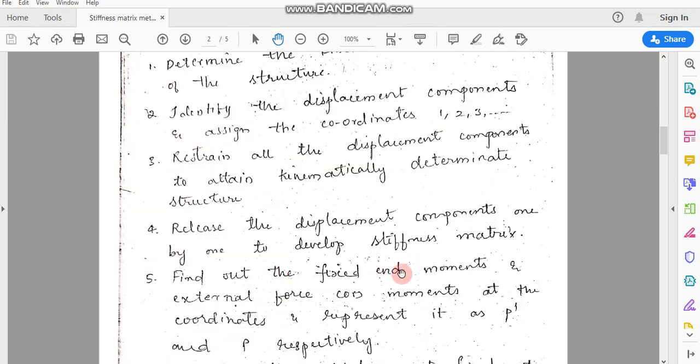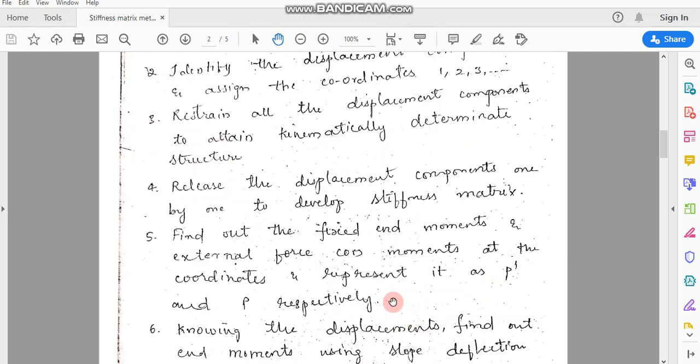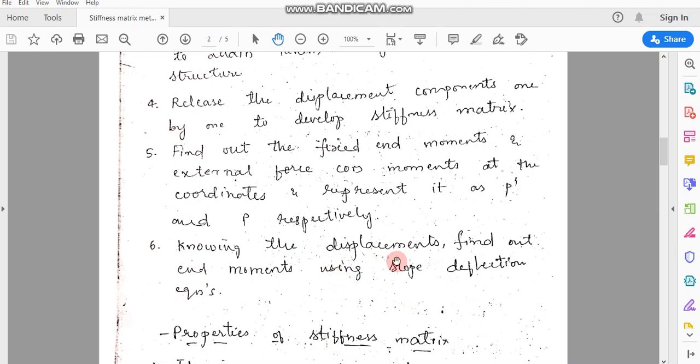Now find the fixed end moments and external forces or moments at the coordinates and represent them as P dash and P respectively. The fixed end moments are denoted by P dash, whereas the external force or moment is P.